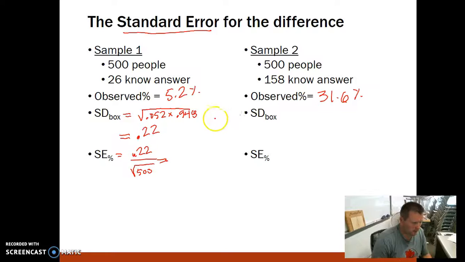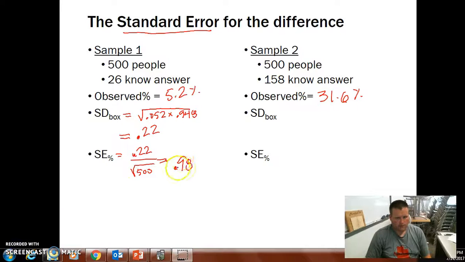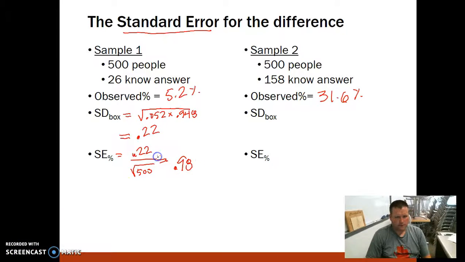And when we do that, we get 0.98. Okay. Sorry, I forgot to write this down there. Remember, we have to multiply this by 100. That's what that gives you.